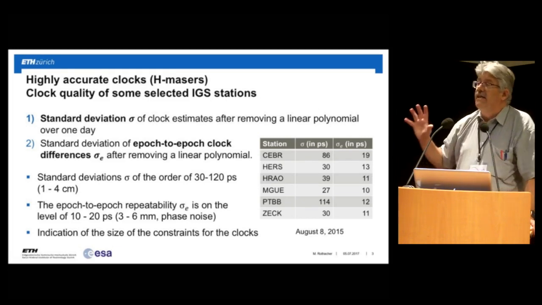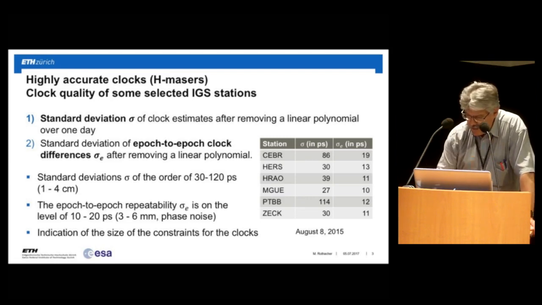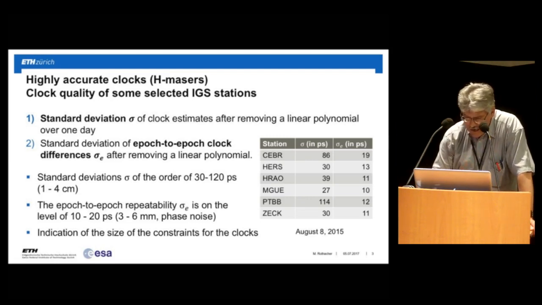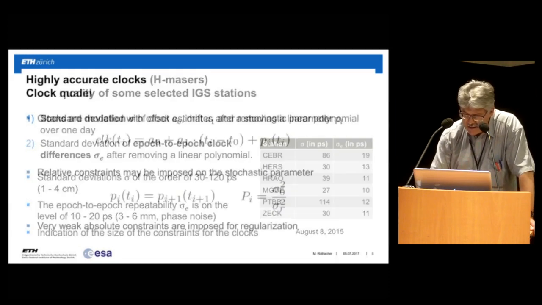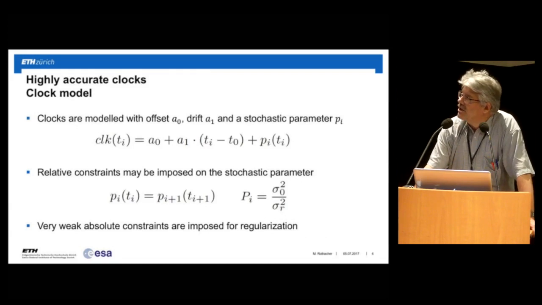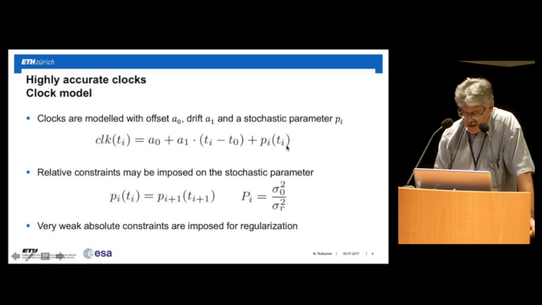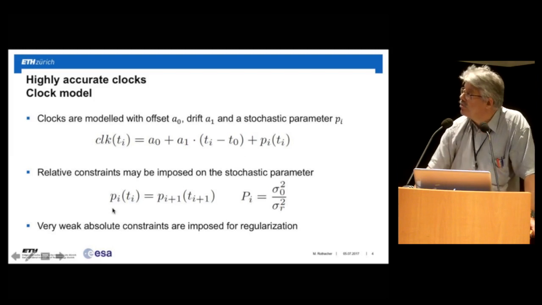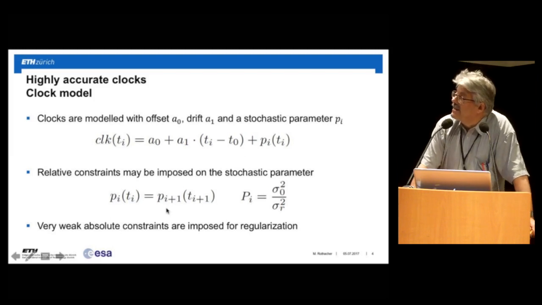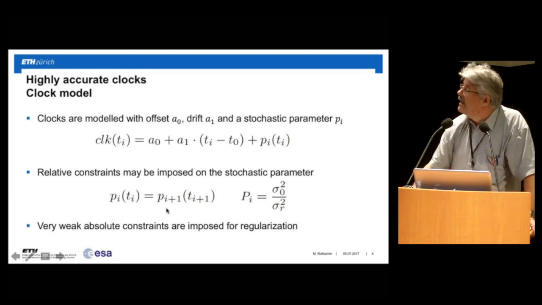So this gives us an idea how we can constrain the clocks, because these are some data we can get directly from the clock estimates. So our model is very simple. We take an offset and a drift, and we add a stochastic parameter P, which is there for every epoch, and then we do what we call relative constraints between the two subsequent epochs, setting the difference to 0 as a pseudo-observation with a weight given there.